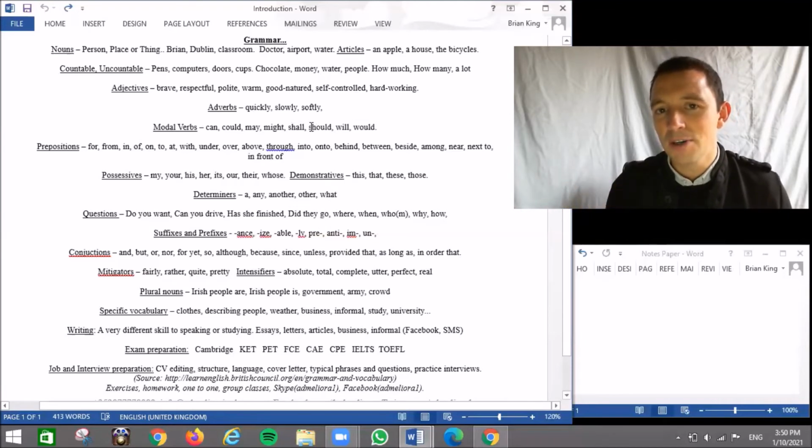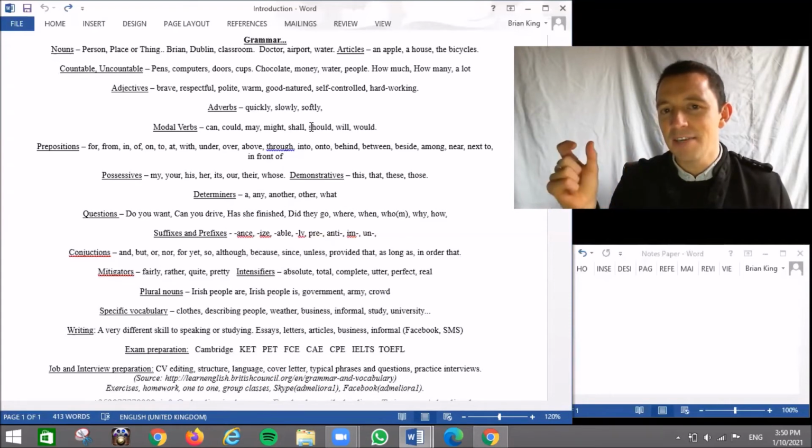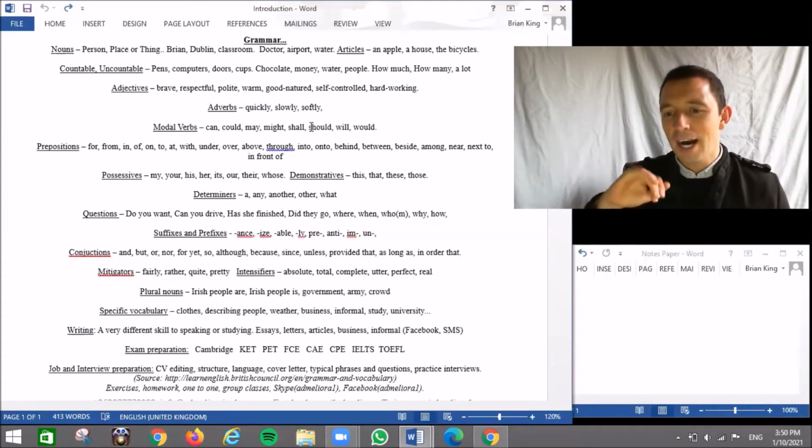For tu amigo or tu amiga, you should go to the cinema. Should, okay? Advice, consejo. Y siempre después los modals tienes infinitivo. Can go, might go. Siempre después es el infinitivo del verbo siempre. Nunca con to. Nunca después modals, ¿vale? Esto es la cosa más importante para recordar.